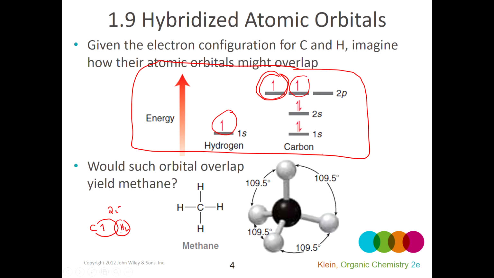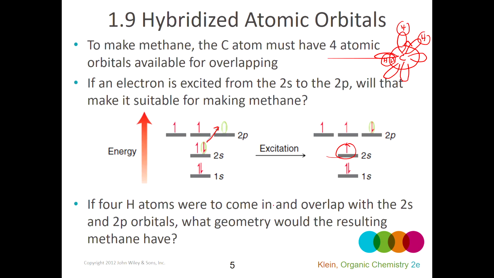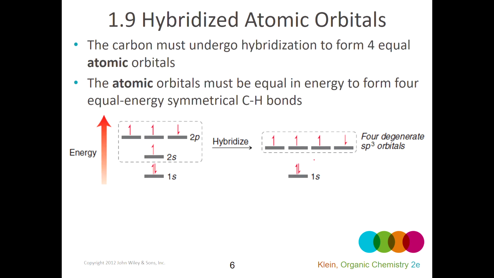What we really need to make CH4 is for carbon to have four orbitals pointing out in space at 109-degree angles for the hydrogens to overlap, where there's one electron brought in from the hydrogen and one already existing from the carbon. To do that, if we want four equivalent orbitals, and really we don't have four equivalent, we have three equivalent and then one that's more stabilizing, what we have to think about happening is we're going to mix all four of those together and create totally new orbitals.